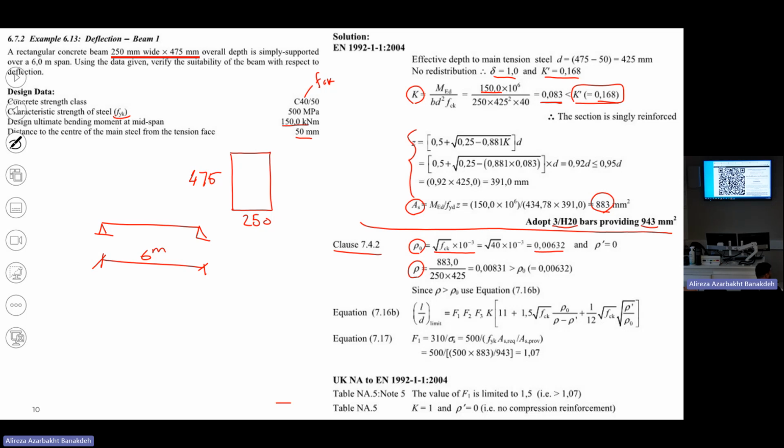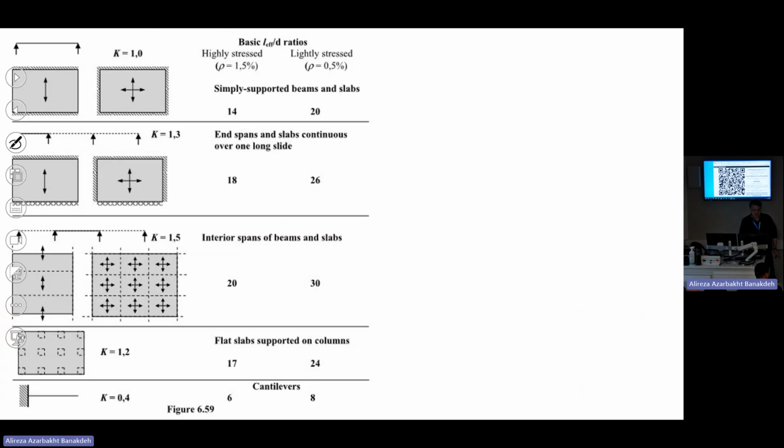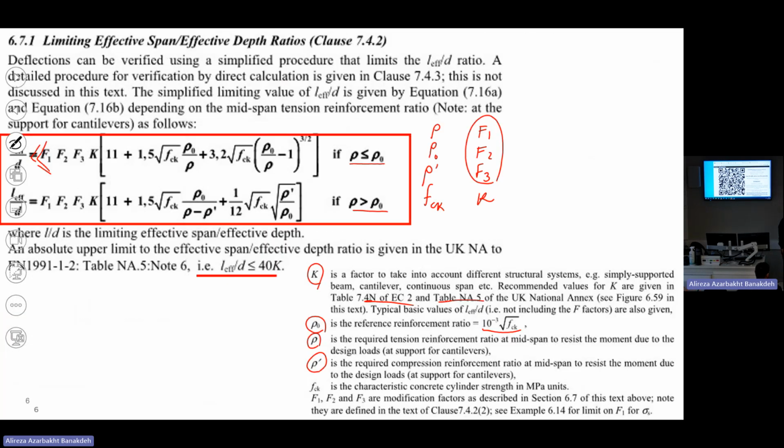Rho is 883 over bd, where d is this number minus 50 millimeter. So is rho less than or more than rho 0? It's 0.008, and this is 0.006. So rho is more than rho 0. Because of that, you need to use the second formula.